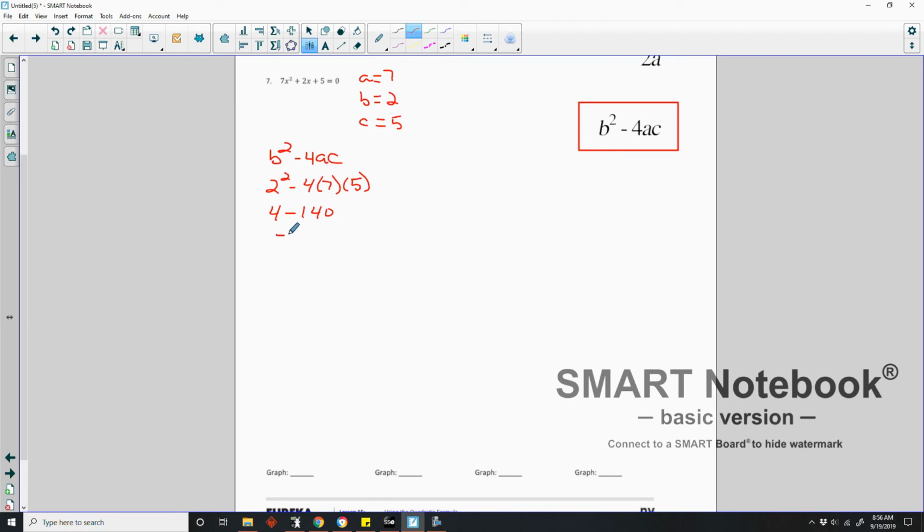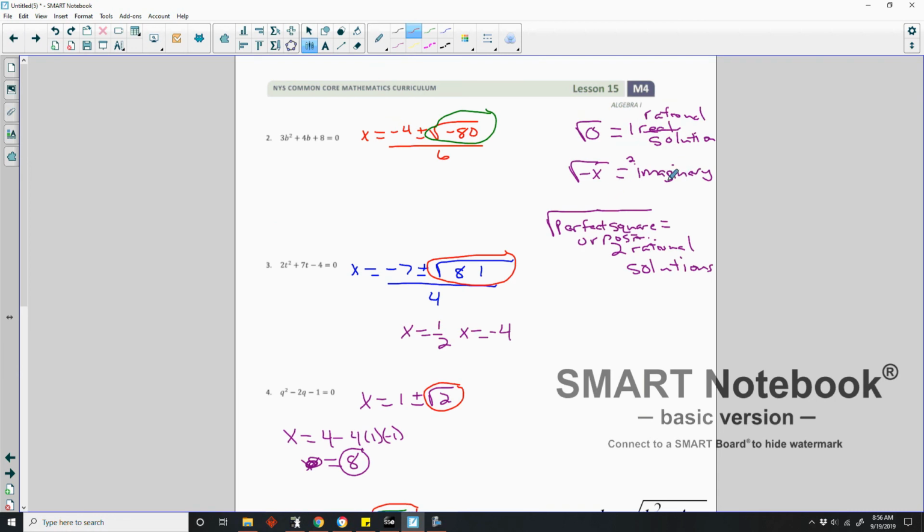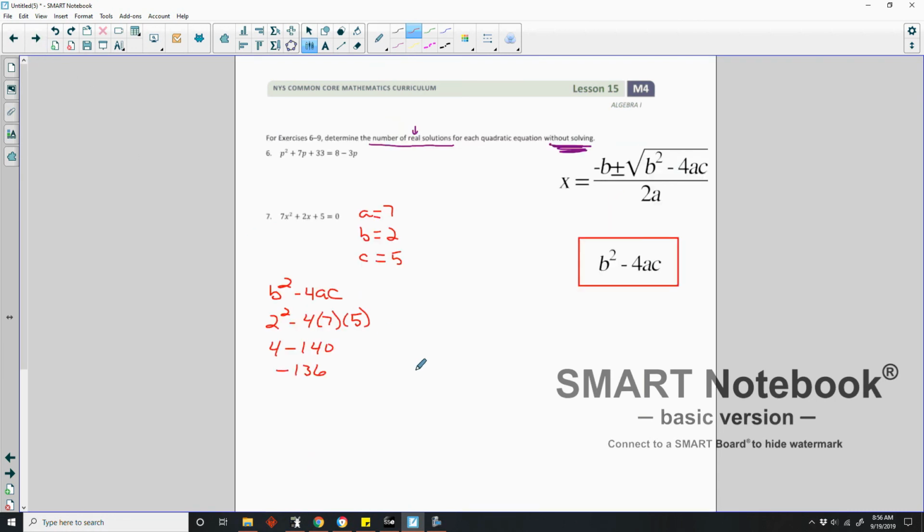That is going to give me an answer of negative 136. Going back, when you have a negative, there are no real solutions. It's imaginary, so I would say no real solution. Okay? The number of real solutions, 0 real solutions.